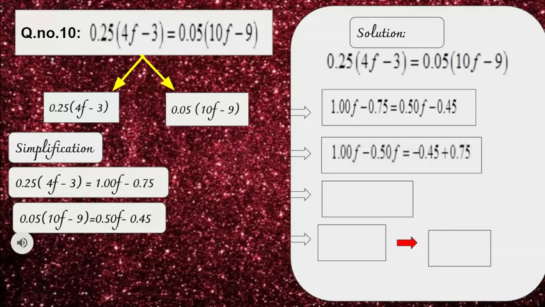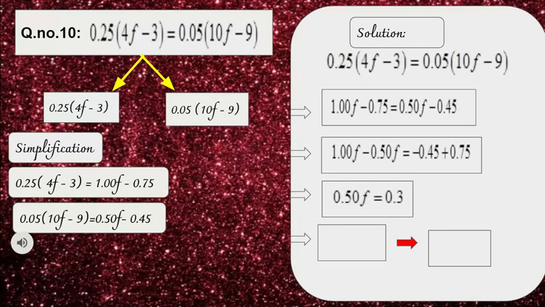It will change as plus 0.75. Now 1 minus 0.5 will be 0.50f is equal to minus 0.45 plus 0.75, means you can subtract 75 minus 45, which is equal to 30, means putting the decimal 0.30, directly you can put 0.3.